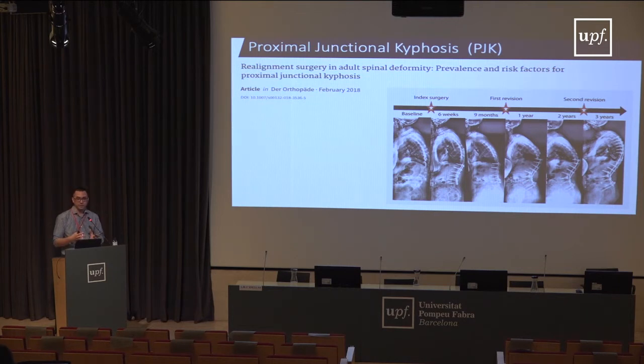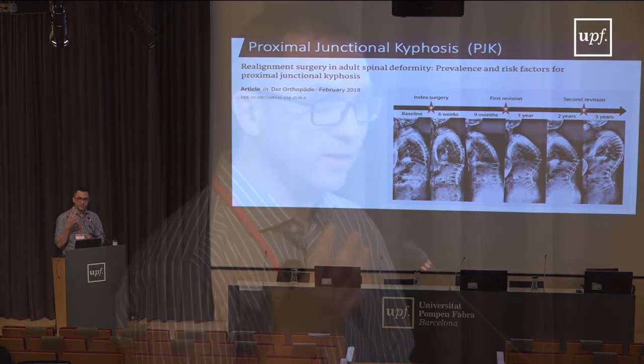And some kinds of preventive fixation techniques can be implemented during the surgery to prevent PJK, but we have very limited data about the biomechanical issues related to these preventive surgical techniques.